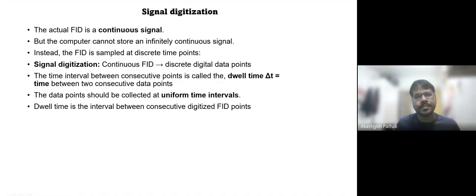Okay. So now another thing is signal digitization. Your actual FID is a continuous signal, right? But the computer cannot store an infinitely continuous signal. So what is done is this FID is sampled at discrete time points.